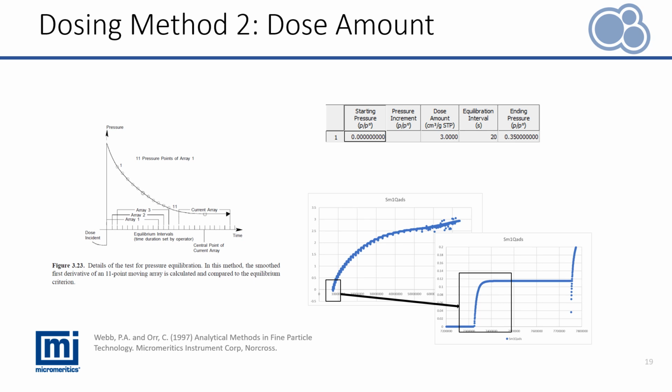This is what the transient data looks like using the fixed dose amount dosing method. As we can see, a single dose has reached a plateau, fully equilibrating before moving on to the subsequent dose.